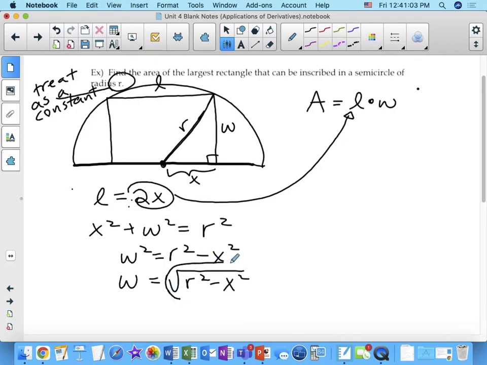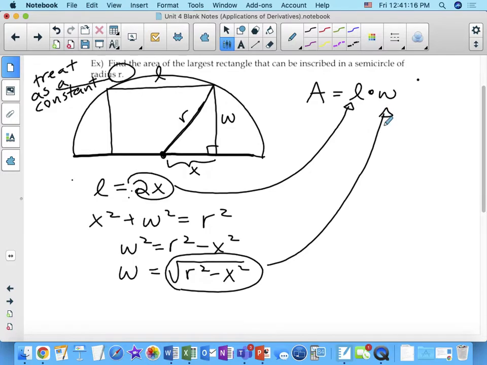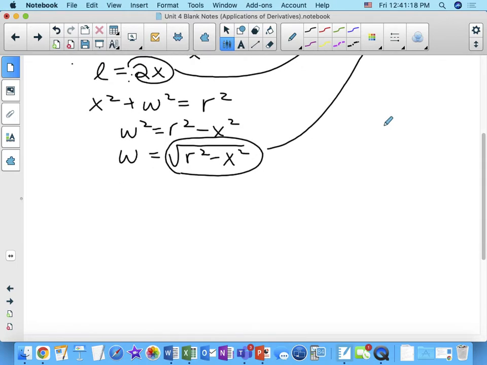So now we can sub it in there, and we have an equation for area that only uses two variables, A and x. So our area, which is what we want to maximize, is equal to 2x, which is the expression for the length, times the square root of r squared minus x squared, which is the expression for the width.